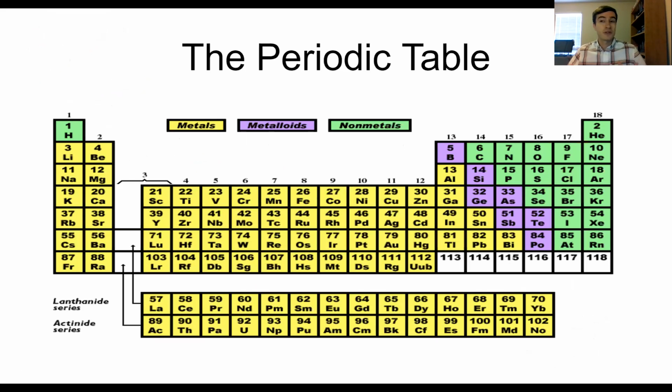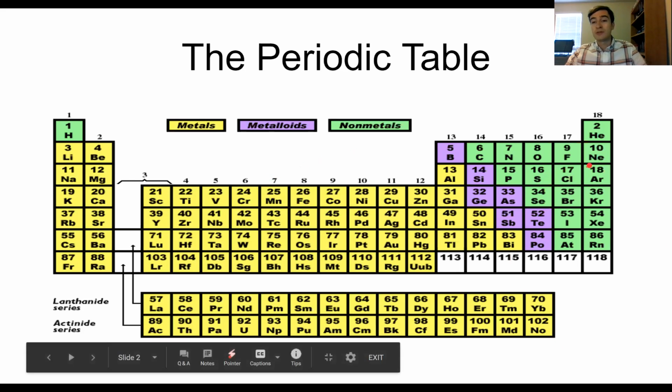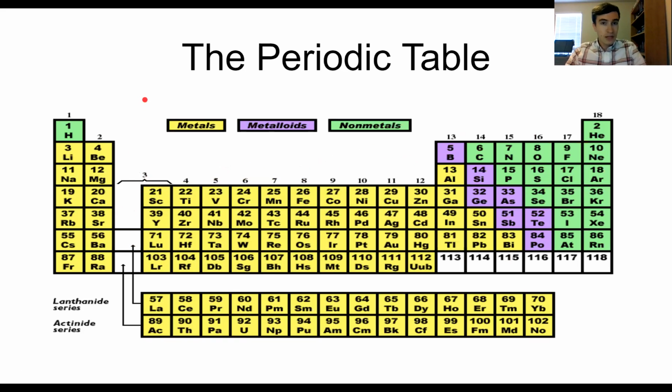So this is what is called the periodic table. You may have seen this way back in your old high school or middle school. The science room probably had one of these taped up on the walls somewhere. It's this big, huge, confusing looking chart with all of these different symbols and numbers and boxes all through it. A little bit later on this week, we're going to talk in more detail about how the periodic table is structured and set up.